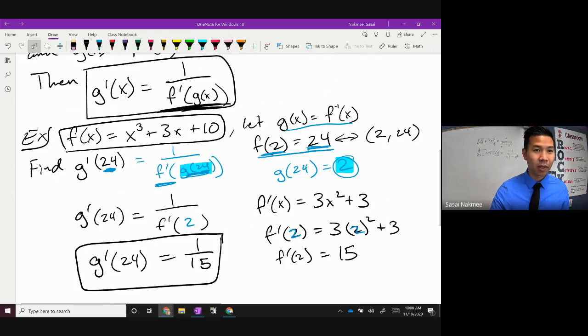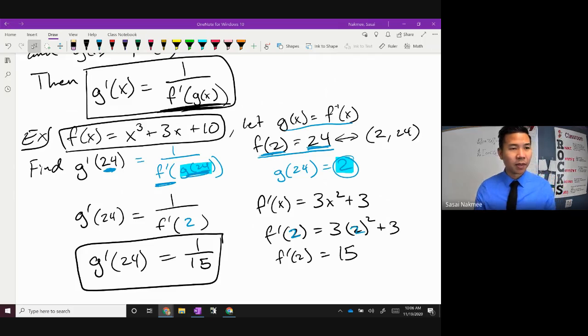While you're copying that down, I want to show you something that relates to this. Give me 1 second. Let me go ahead and write this up. I don't know if this is going to work. F of x is equal to x cubed plus 3x. All right.